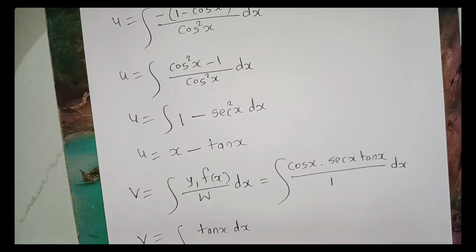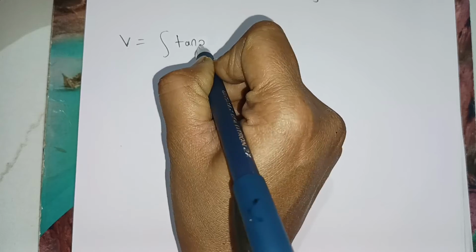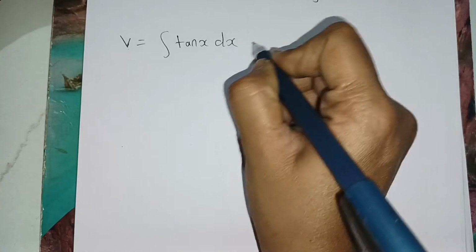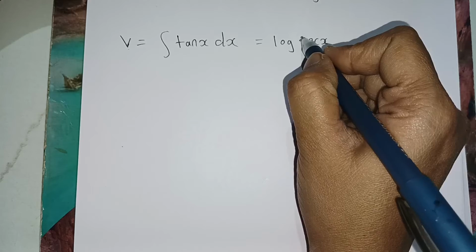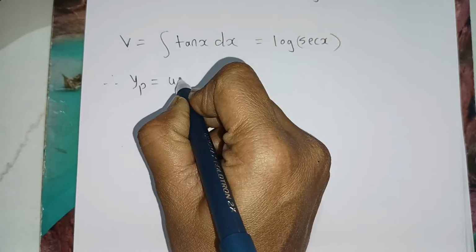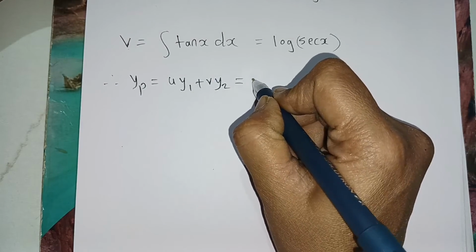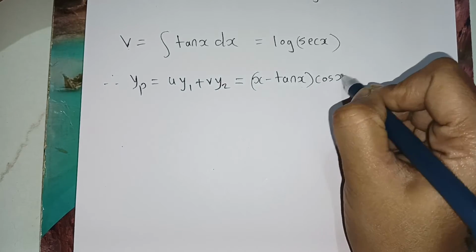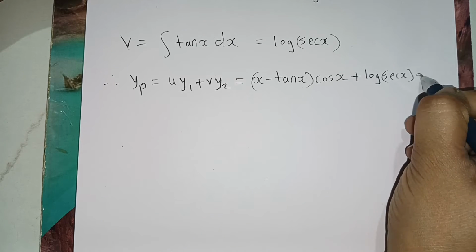Hence v is equal to integration of tan x dx, which is equal to log of sec x. Hence yp is equal to u times y1 plus v times y2, that is x minus tan x times cos x plus log of sec x into sin x.